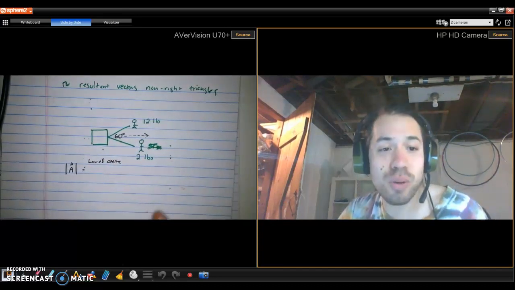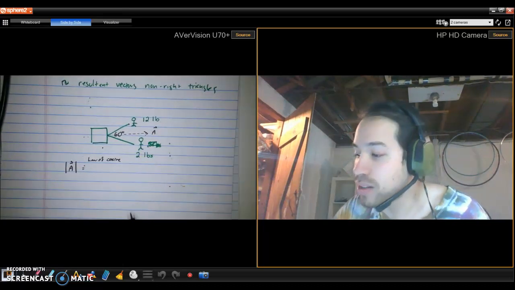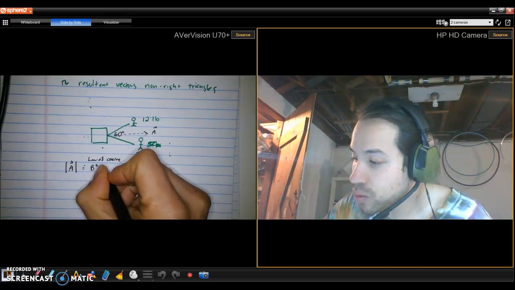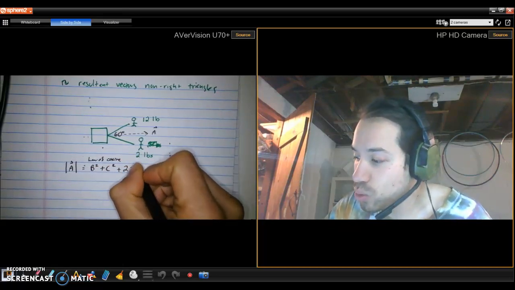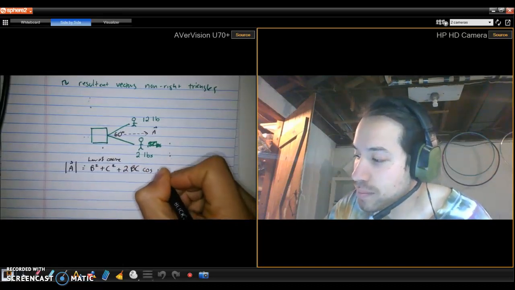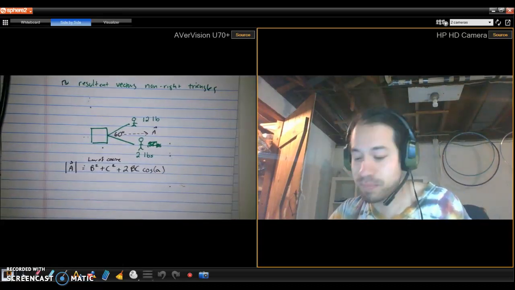That gives us the formula here. The formula for the magnitude of vector A is b squared plus c squared plus 2bc cosine of A. Again, this should look familiar.